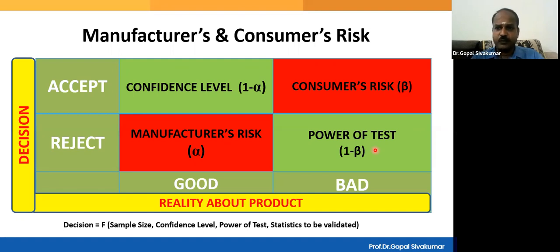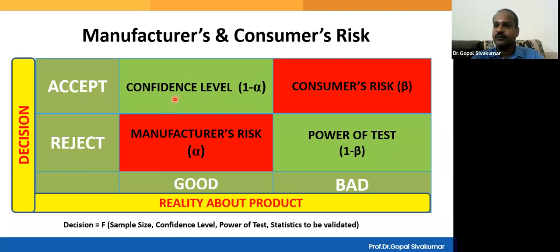See here, whenever you do a sampling study and then you take a decision on the population, whether the population is good or bad, the decision depends on sample size. The more samples, your decision will be more perfect, isn't it? So sample size is one thing, and then what is the confidence level you want to achieve in your decision?